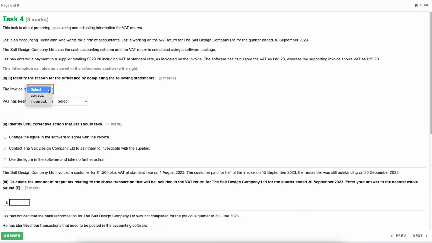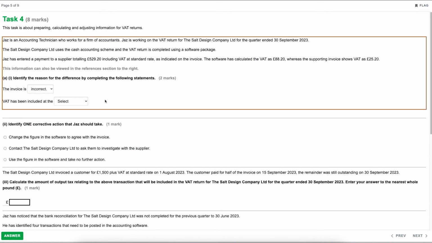Now if we use either of those methods, that gives us a VAT amount of £88.20. So we know, looking at this question, that the amount that was calculated on the software was correct. However, the supporting invoice, where it's stated as £25.20, would be incorrect. So in terms of this question, the invoice is incorrect.